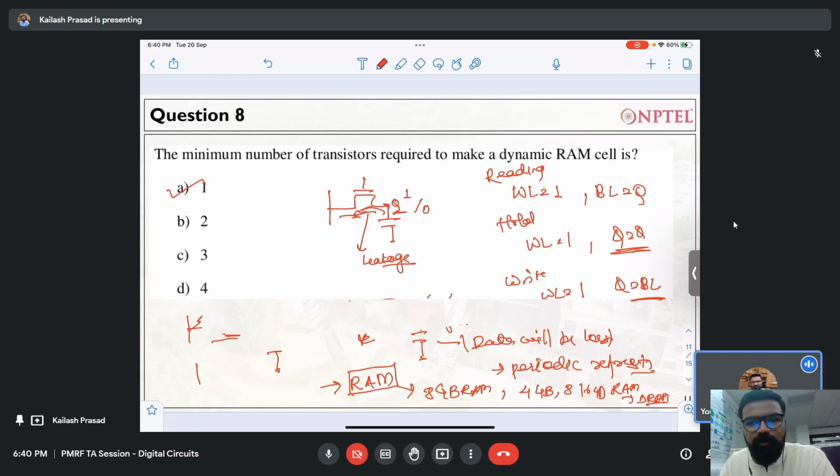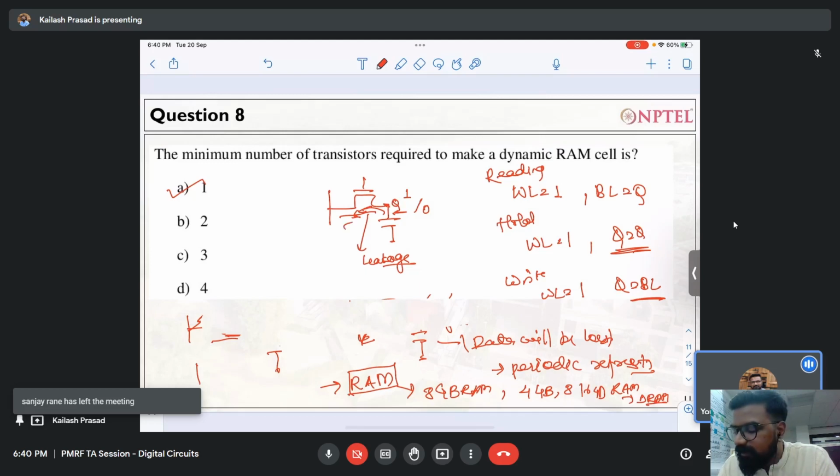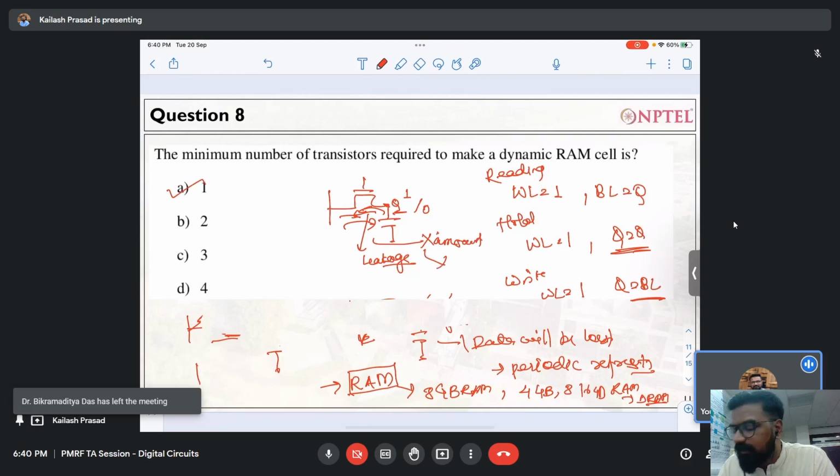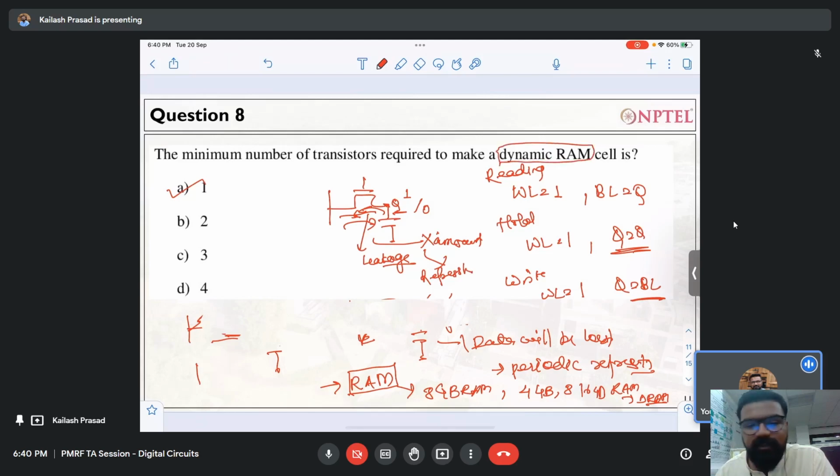You don't want your Google Chrome to close abruptly. That's my example. So what you do is rewrite after every x amount of time. Whatever data is there, you rewrite it after every x amount of time, and that process is called refreshing. That is the reason it is called dynamic random access memory, because the data is getting lost every time, it is dynamic. Is that clear?